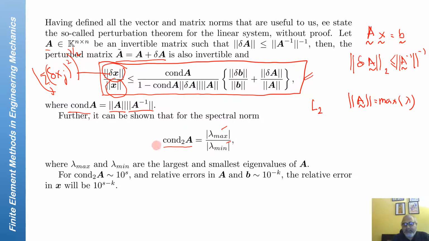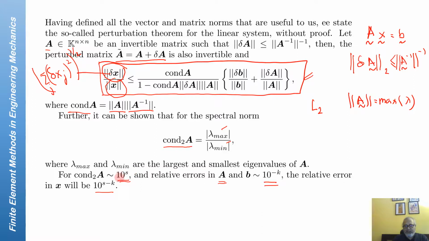So for a stiffness matrix, let's say the condition number is of the order of 10 to the power s, and we make relative errors in A and b, that means norm of delta A by A and norm of delta b by b, both of the order of 10 to the power minus k, a small number, where k is a positive number. Then the relative error in the solution will be of the order of 10 to the power s minus k.